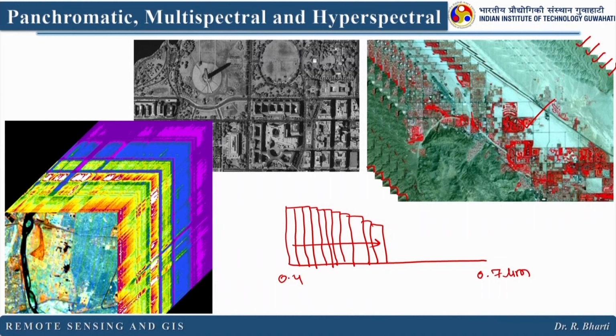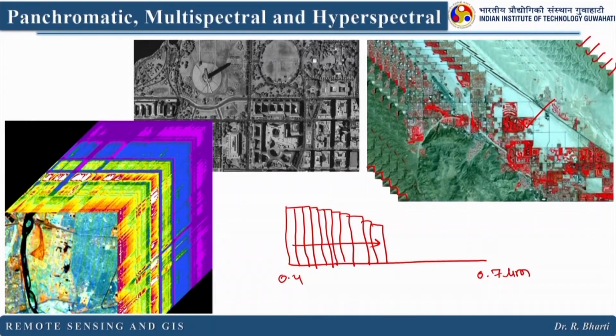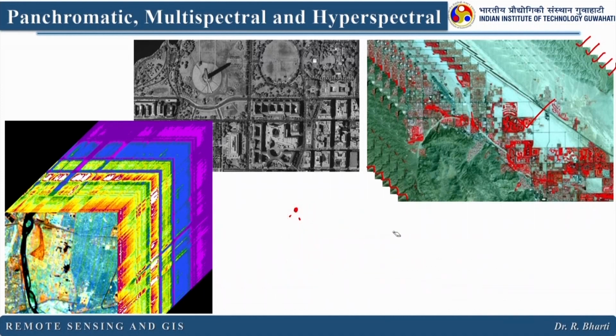The definition of hyperspectral includes this contiguous nature in measurement. Contiguous means there will be no gap between the first and second image. This is very important. When you have such data sets measured from satellite, airborne survey, or lab based instrument, they are called hyperspectral.